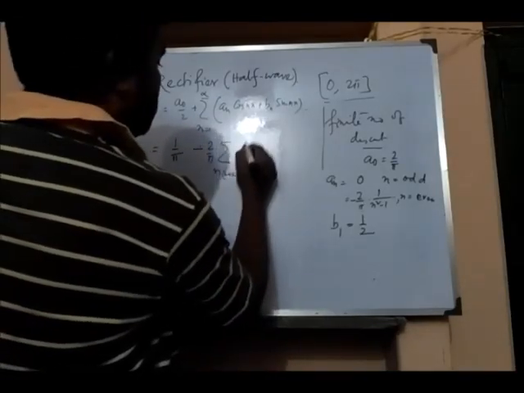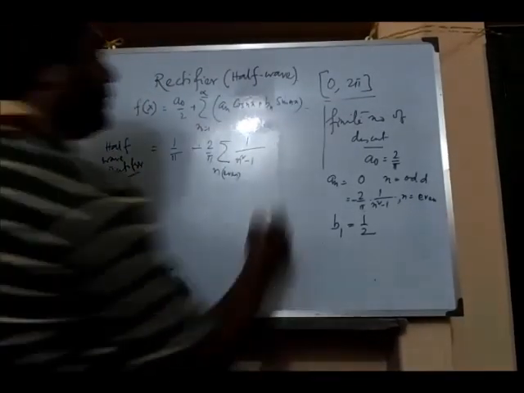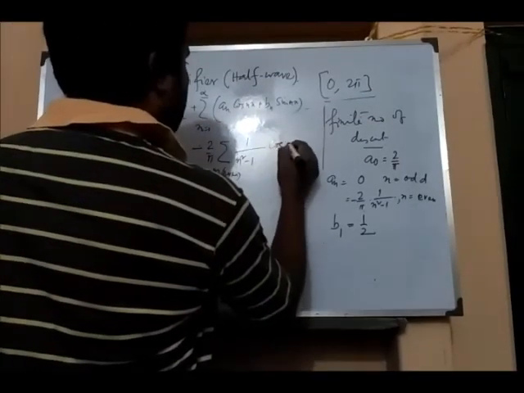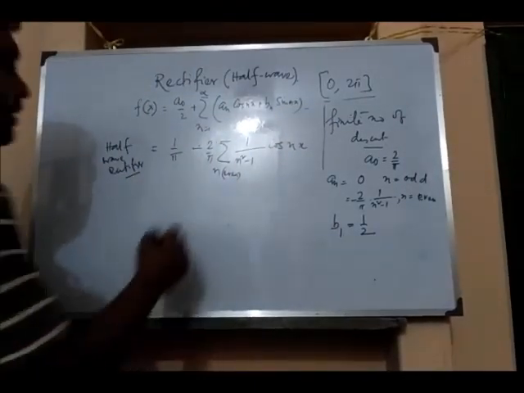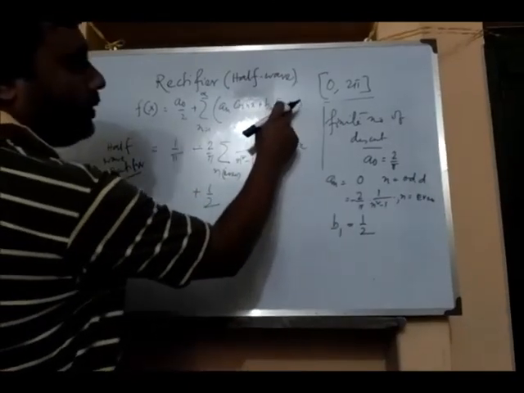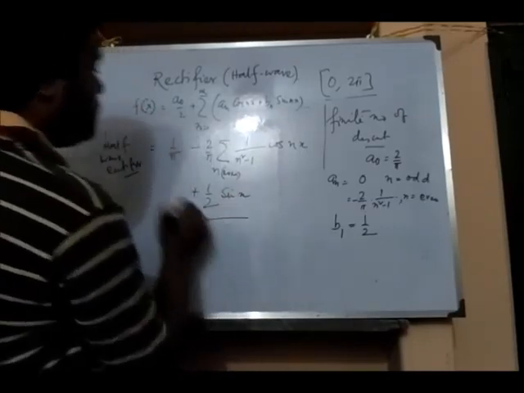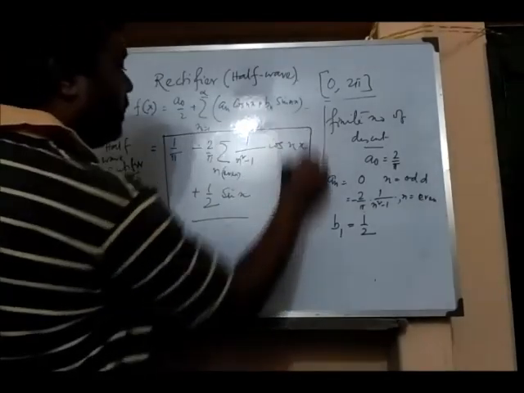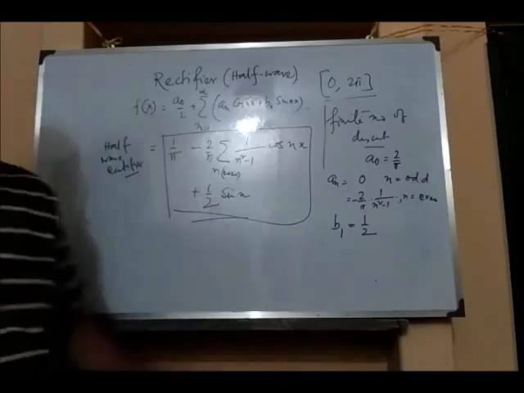So this becomes 1 upon n square minus 1 cos nx, n even, plus half sin x, since n becomes 1. So this is the ultimate Fourier expansion of a half-wave rectifier.